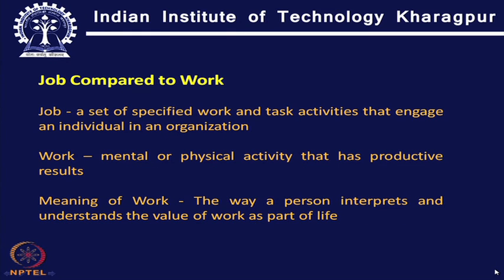First, we will try to understand job as compared to work. Job is a set of specified work and task activities that engage an individual in an organization, and work is a physical or mental activity that has productive results in the organization.